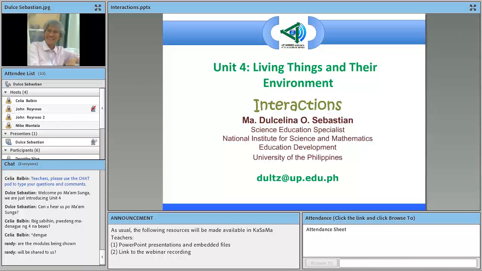So to connect the module on biodiversity and interactions, now that the students have learned about the different organisms that exist, some of which we have not yet identified, the students would now be able to know, in the second module, the different interactions that happen among these organisms in the area where they live.